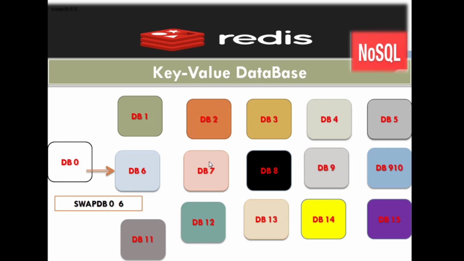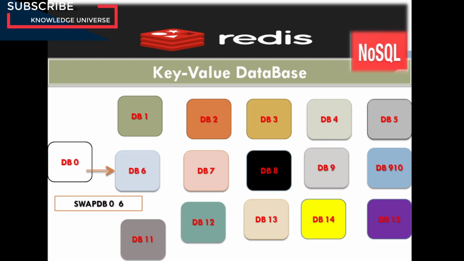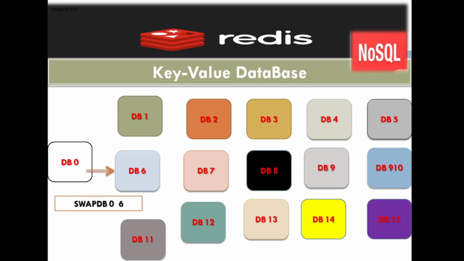If you want to swap all the data held in one database with the data held in another, you can use the command SWAPDB. For example, the command SWAPDB 0 6 swaps the data held in database number 0 with that of database number 6.